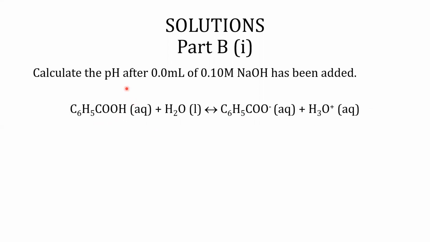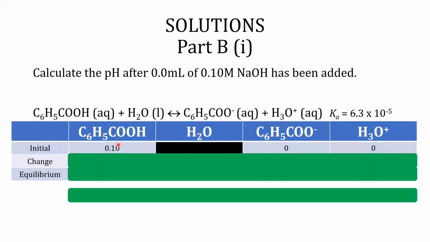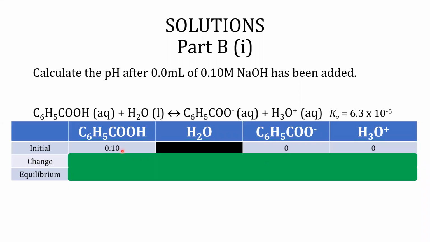The first problem is to calculate pH after 0 mL of 0.10 M NaOH has been added. To solve this problem, one needs to construct an ICE table. The initial concentration of C6H5COOH is 0.10 molar, and for C6H5COO minus and H3O plus are both 0.